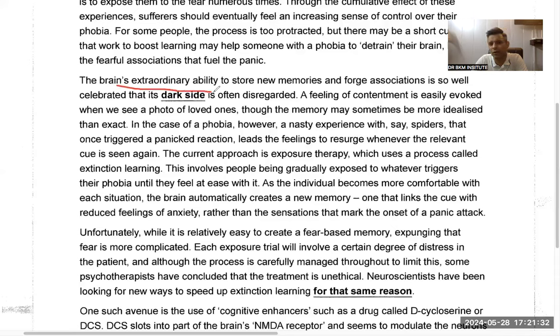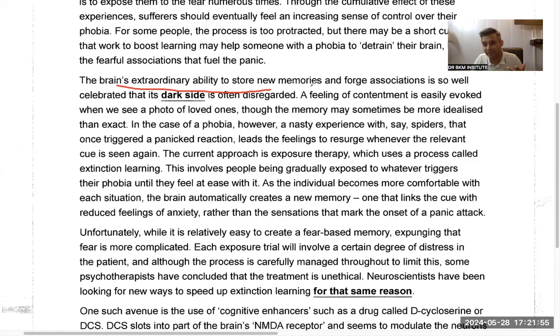The brain's extraordinary ability to store new memories and forge associations is so well celebrated that its dark side is often disregarded. So the paragraph starts with the brain having the capacity to store new memories, and it is celebrated so well that you forget the dark side.